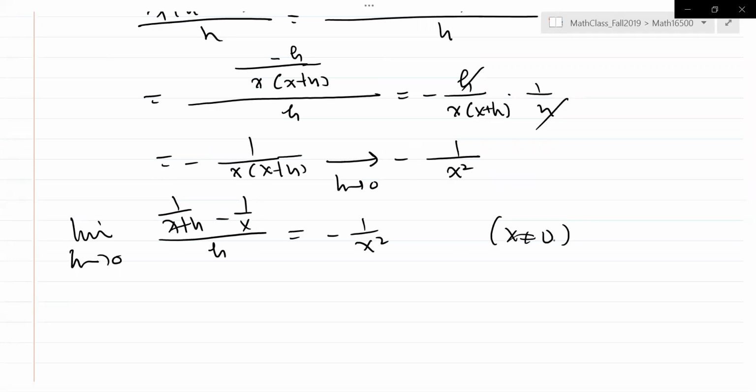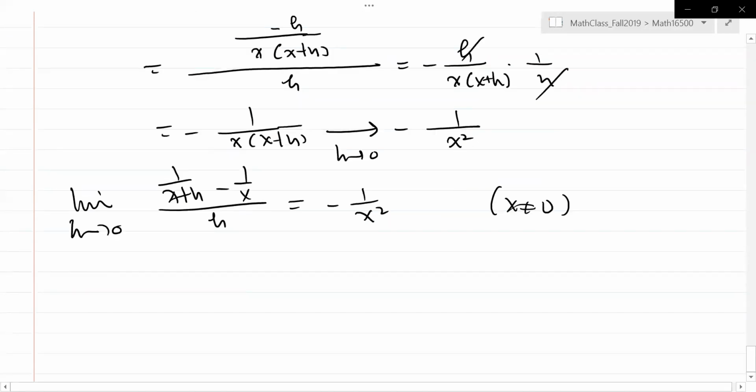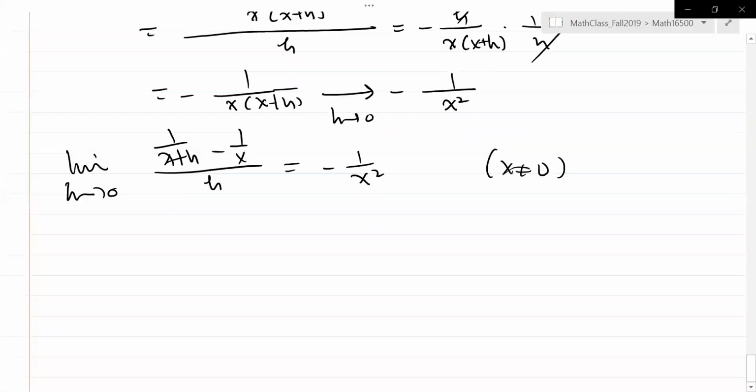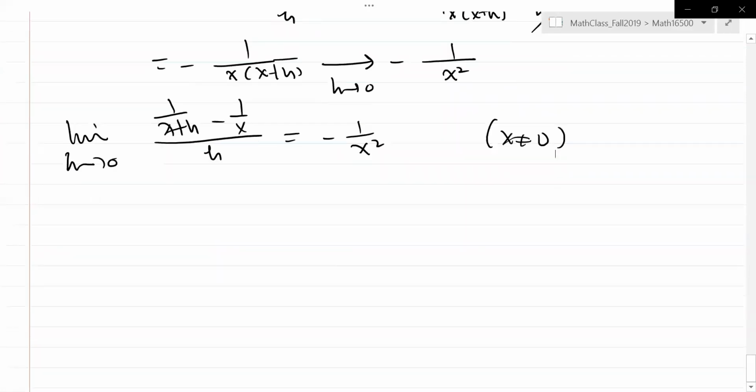I think it's called the squeeze theorem. Yeah, it's the squeeze theorem.